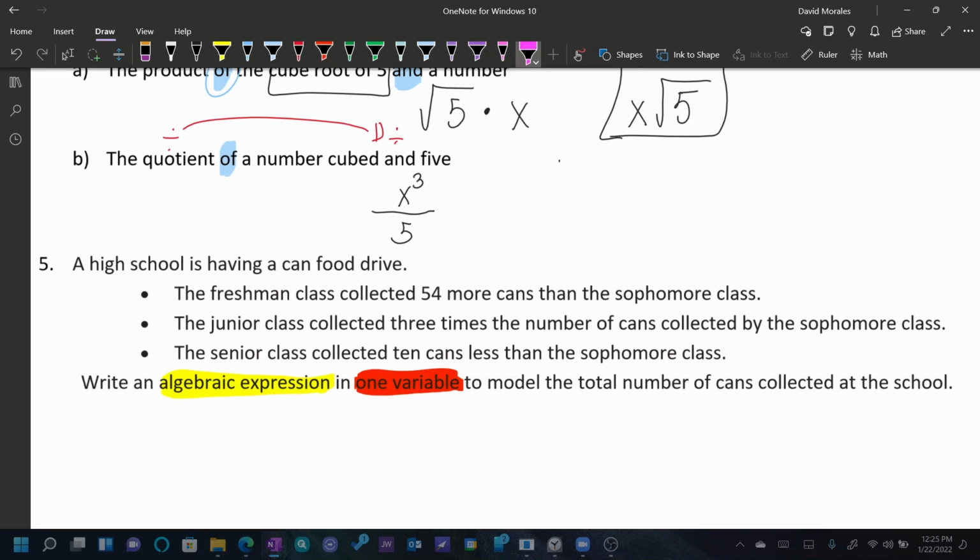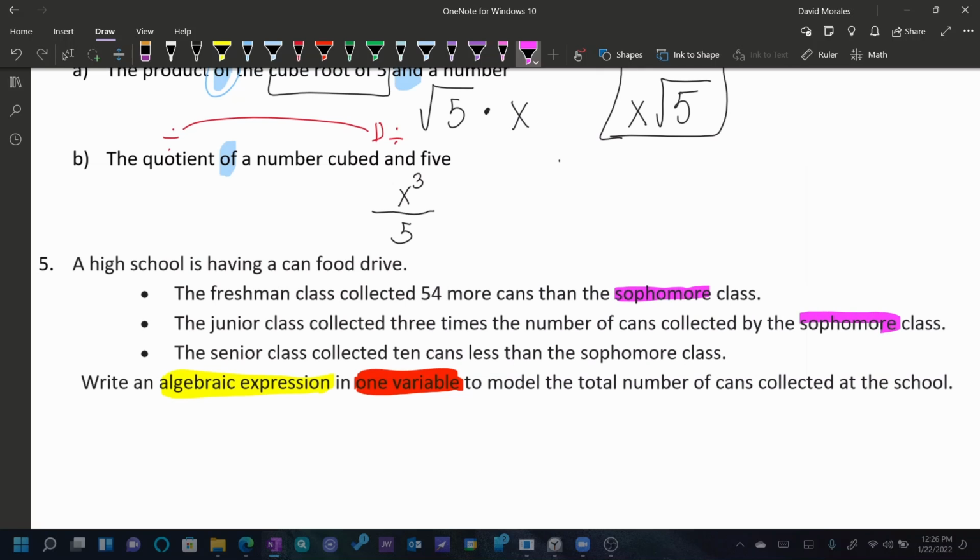There are a lot of unknowns here. We don't know how many are in the freshman, the junior, or the senior. Actually, they didn't give us anything. However, they are all linked to one unknown. They are all compared to one unknown, which is the sophomore class.